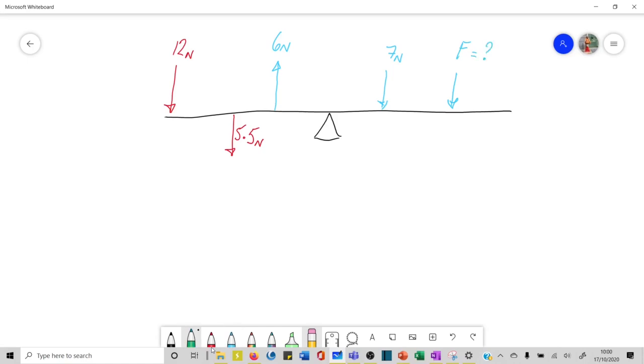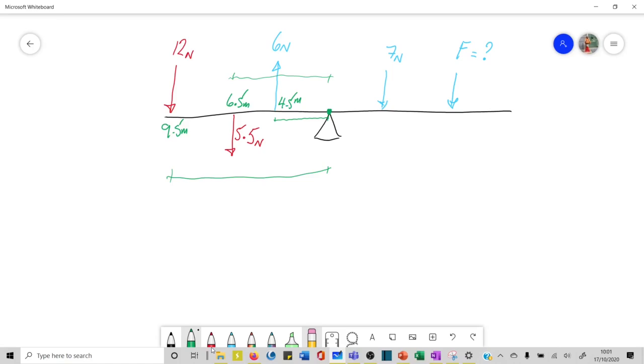If I just give you some distances, let's say this is 9.5 meters. This one, 6.5 meters. This is 4.5 meters. Obviously these distances are all from the axis of rotation, from that point. So 4.5 to there, 6.5 to there, 9.5 to there.